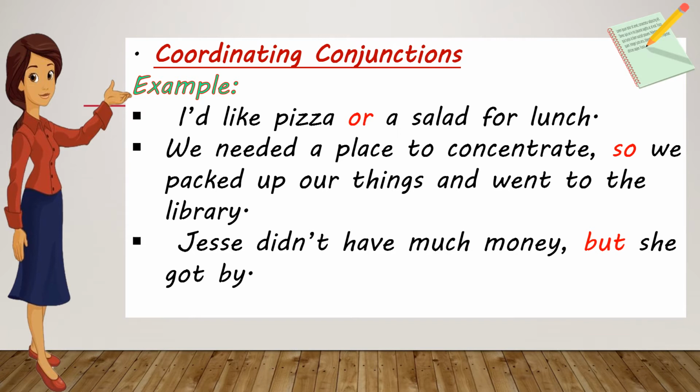So I like pizza is the first idea, and a salad for lunch is another idea, with equal rank, they are both food. Okay? Now, next one. We needed a place to concentrate, so we packed up our things and went to the library. Next sentence. Jessie didn't have much money, but she got by.